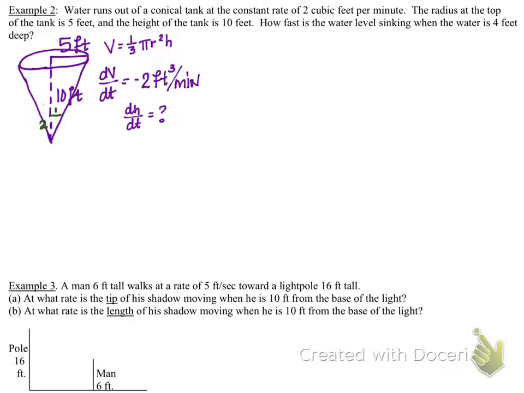So you know that your height is always going to be twice your radius, or your radius is always going to be 1/2 your height.